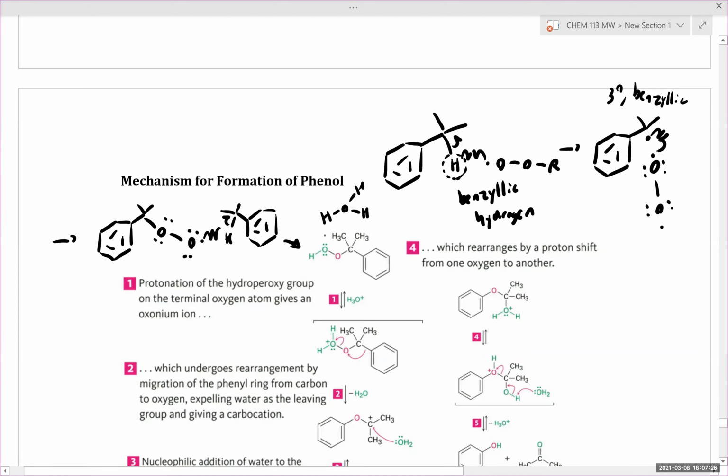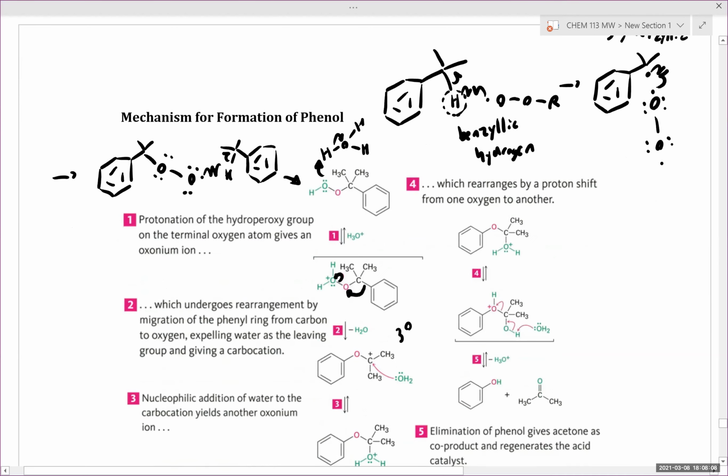In the first step, we protonate one of the hydroperoxide oxygens. This generates an activated leaving group. From there, we have an alkyl shift. One of the main driving factors behind this alkyl shift is that we lose a highly activated leaving group, in this case water, and we generate a very stable tertiary carbocation.